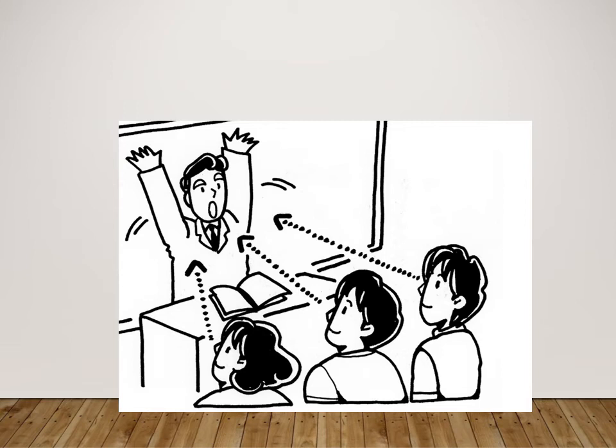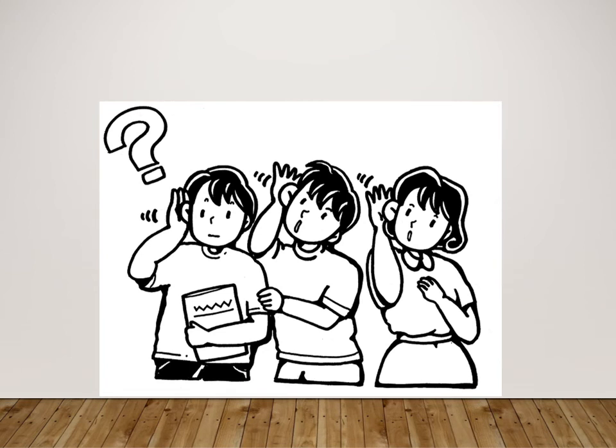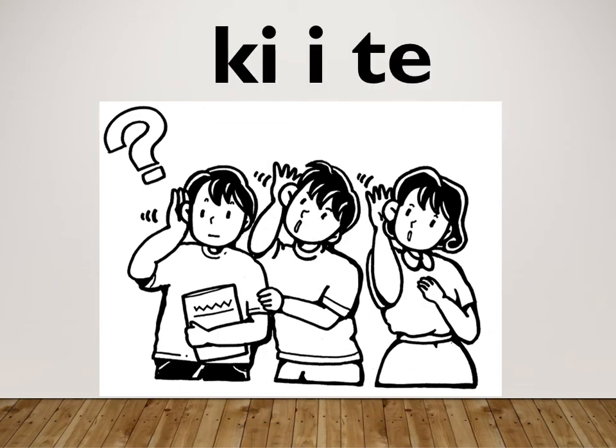How do you say look in Japanese? It is 見て. How do you say listen in Japanese? It is 聞いて.